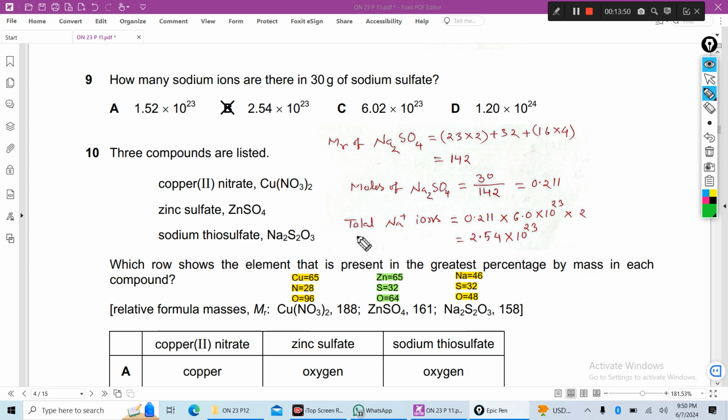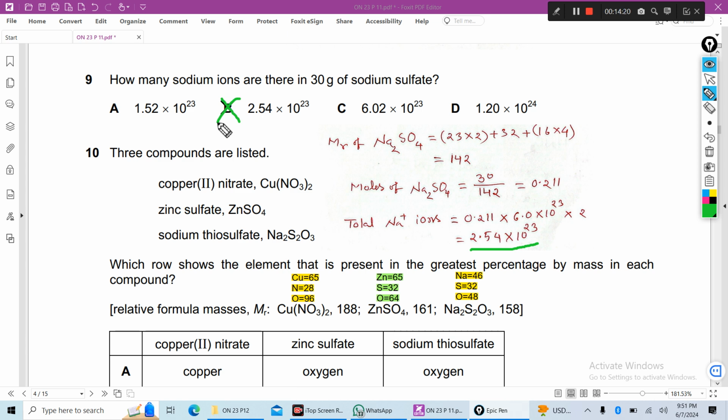Then the total number of sodium ions equals number of moles times Avogadro constant times the number of ions of that substance. Sodium sulfate contains 2 sodium ions, that's why multiply by 2. So if you calculate, you will get 2.54 times 10 to the power 23. So this is correct answer B.